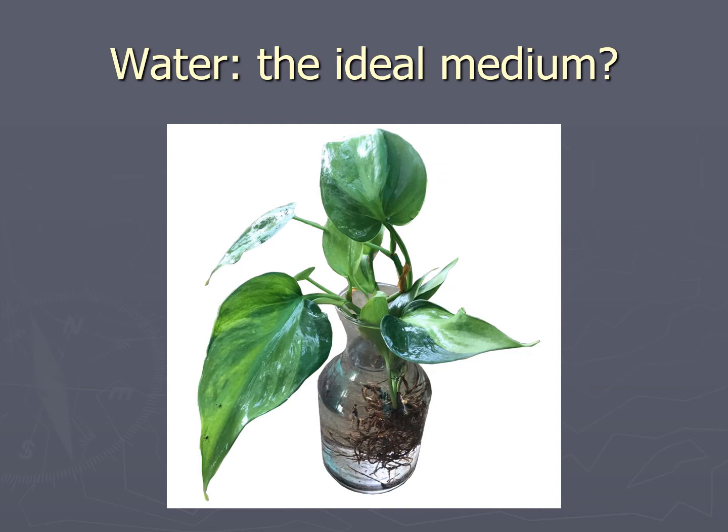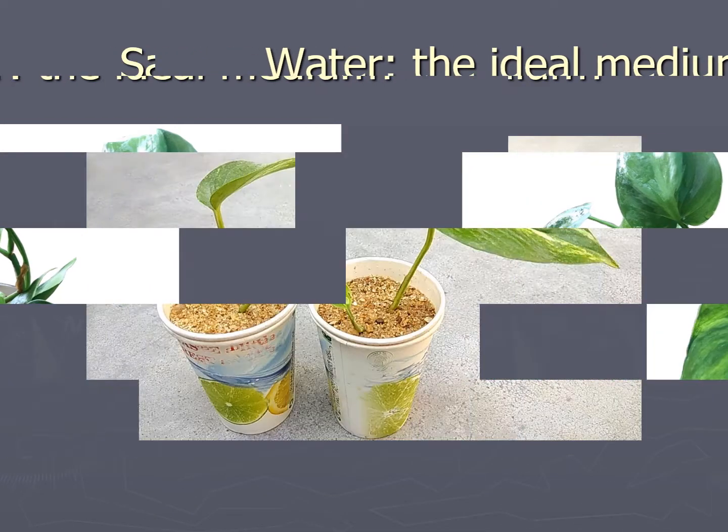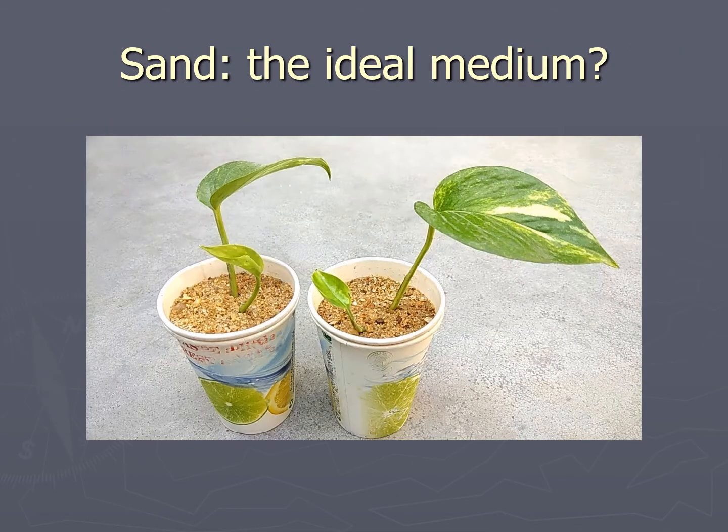Is water the ideal medium? Well, we can certainly use water as a medium for rooting certain types of stem cuttings, but is it a good growing medium? What about sand?